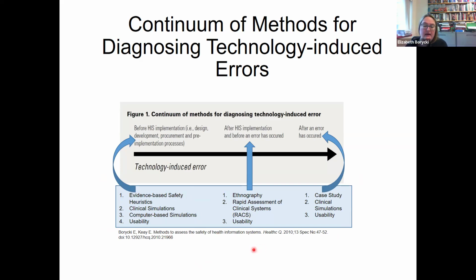That's not to say that we don't look at errors after a system's implemented, or even while a system's been functioning for many years. The reason why you need to look at things before a system's implemented is it costs a lot less to correct an error than it does after a system's implemented. Because once it's implemented, you have to retrain your staff. You have to identify different types of processes that they need to learn.